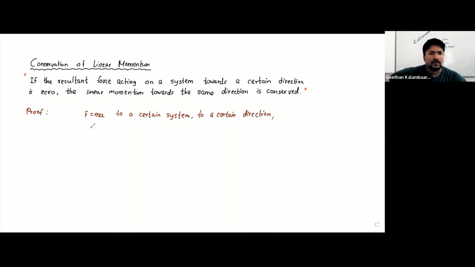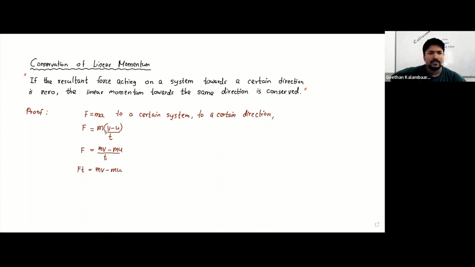So I can expand this equation F equals ma. A is v minus u by t. Expanding this furthermore, F equals mv minus mu by t. So you can say Ft is equal to mv minus mu.